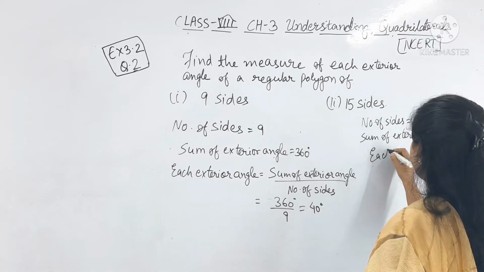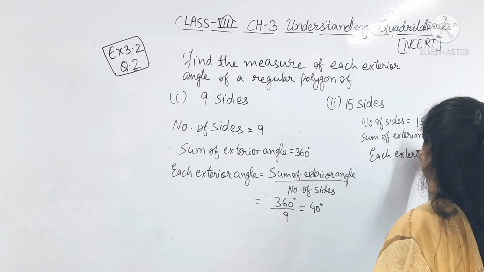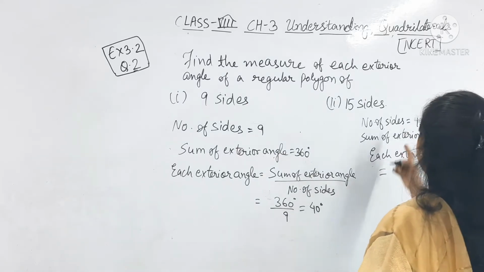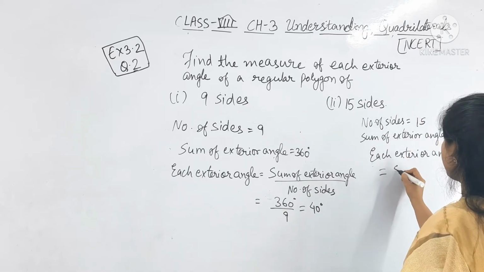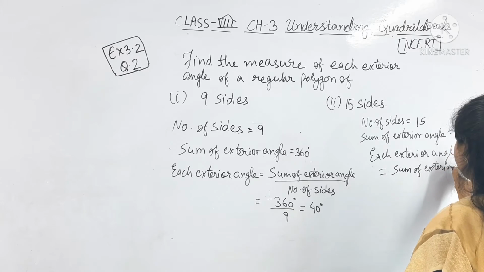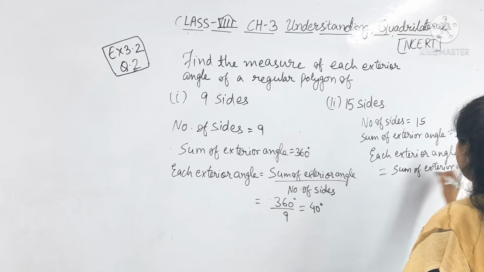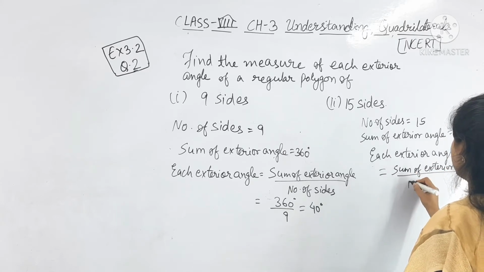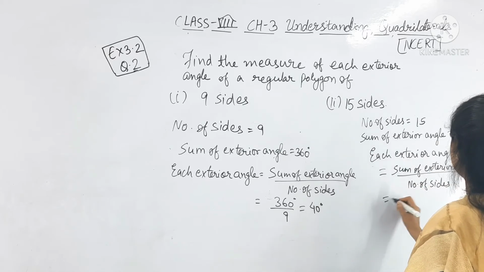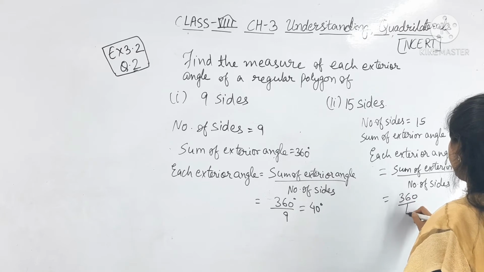So each exterior angle, we have to divide sum of exterior angle divided by number of sides. 360 divided by 15.